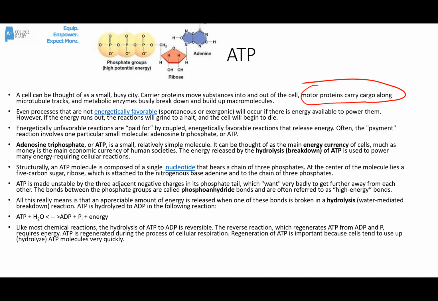Even processes that aren't energetically favorable, those that are not exergonic or spontaneous, will occur only if there's energy available to power them. If the energy runs out, the reactions stop and the cell dies. These energetically unfavorable reactions are often paid for by being coupled with energetically favorable reactions that release energy.